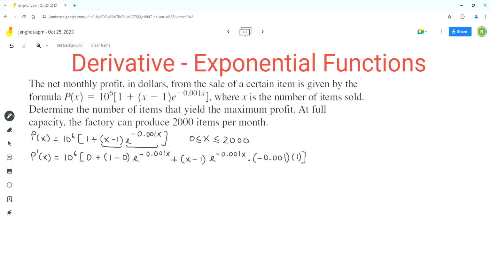Now we can simplify this expression. So in the brackets, the 0 goes away, and 1 minus 0 is just 1, and multiplication by 1 won't change the e term.